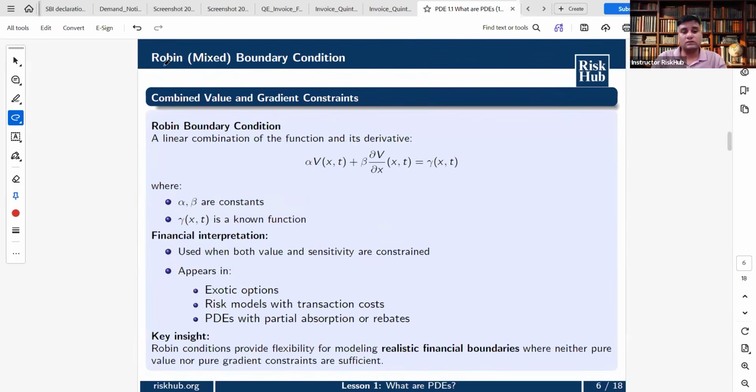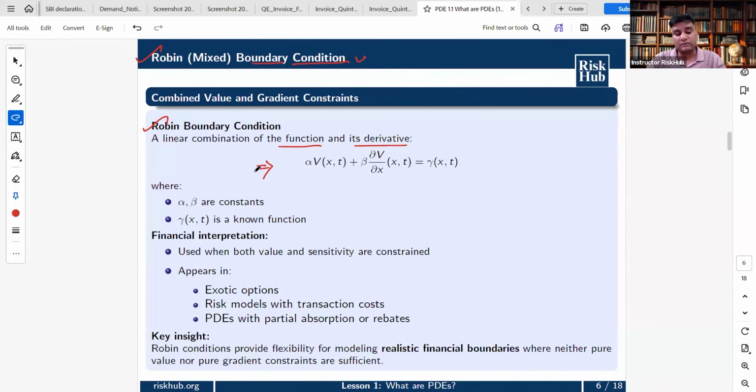Then we have Robin, the mixed boundary condition. The Robin condition combines value and gradient, a linear combination of the function and its derivative. It is written as alpha times V of x and t plus beta times the partial derivative of V with respect to S equals gamma of x and t.